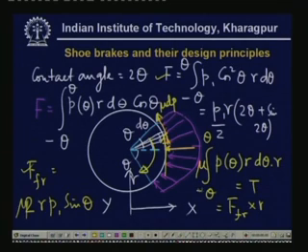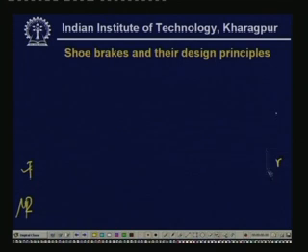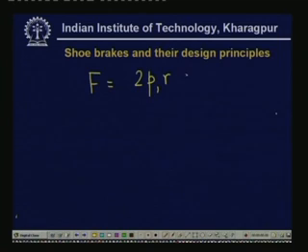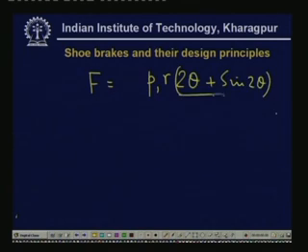This is due to Coulomb's law. So, therefore, this is the total frictional force, and if you write it down in a more concise way, it becomes something like this: F, the total normal force, is equal to P1 R times (2 theta plus sine 2 theta) divided by 2.